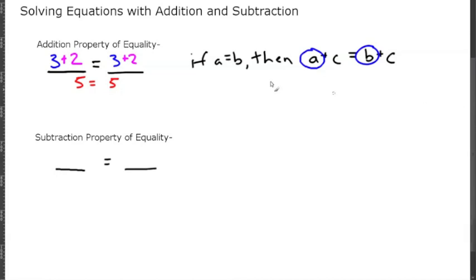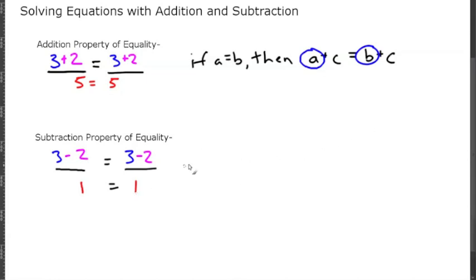So let's see that with the same numbers. If we are given 3 equals 3, we know this to be true, but let's say we subtract the 2 from both sides. We subtract it from the left side and we subtract it from the right side. We know that 1 is equal to 1.